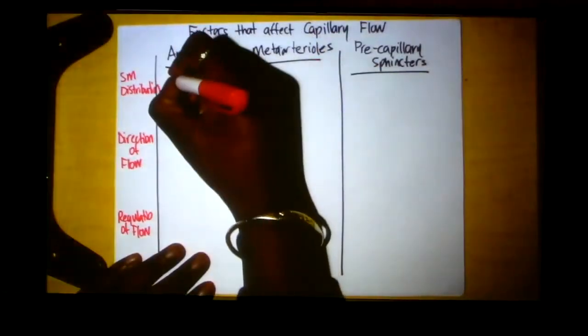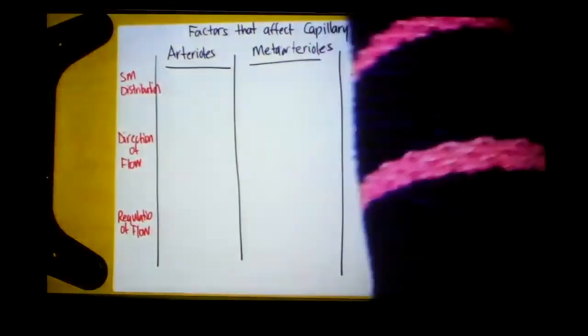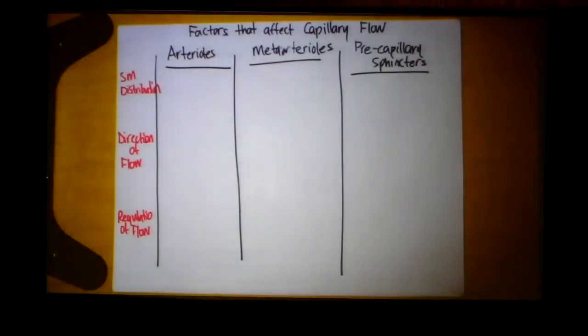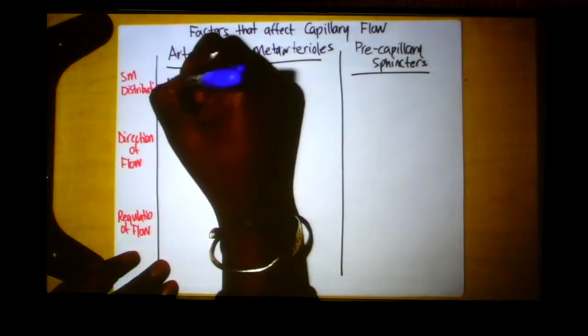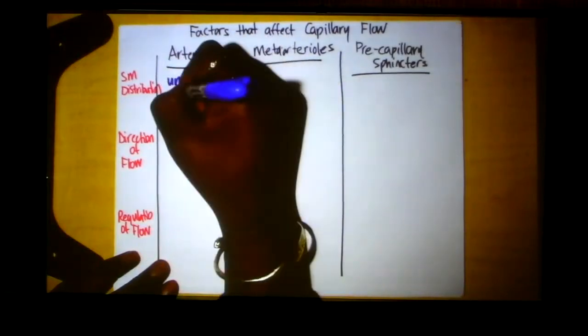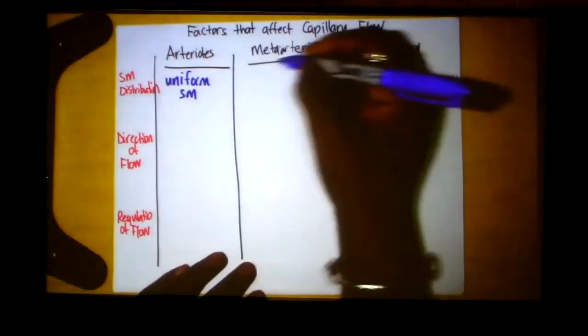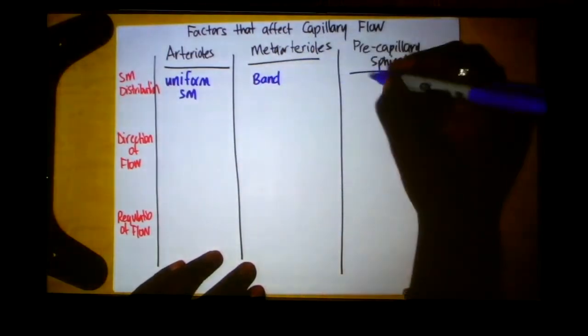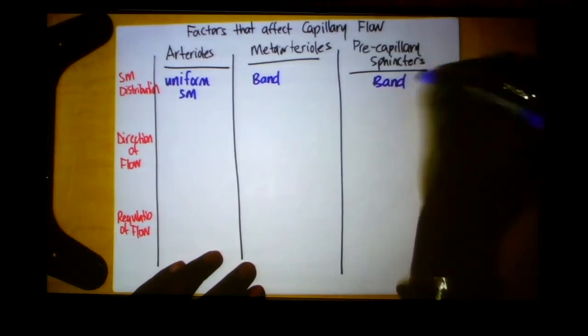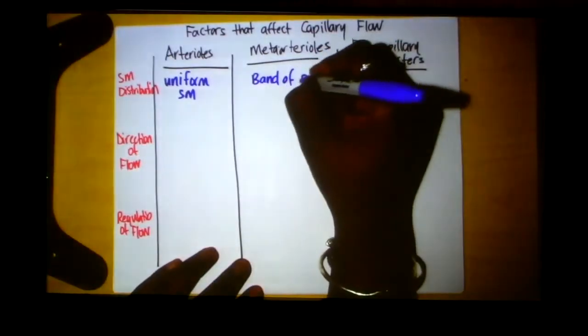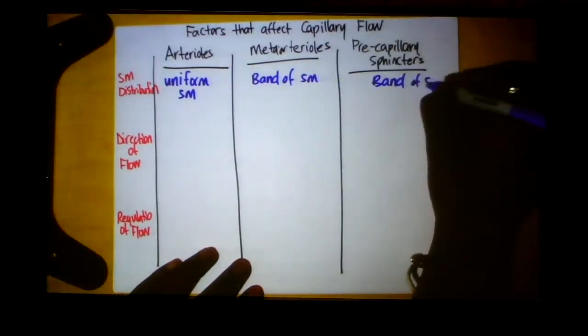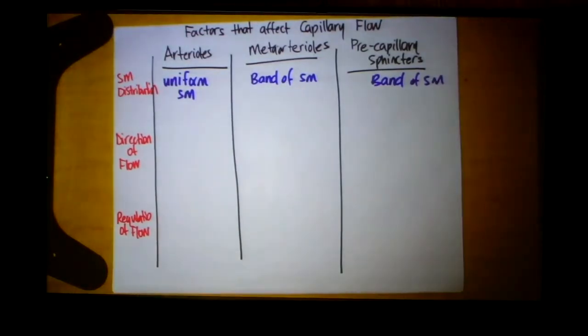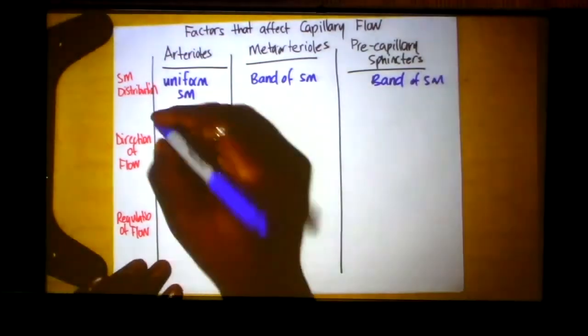Arterioles have a uniform smooth muscle. Meta-arterioles are just a band, just strips of smooth muscle. The direction of flow: arterioles flow to capillary beds.